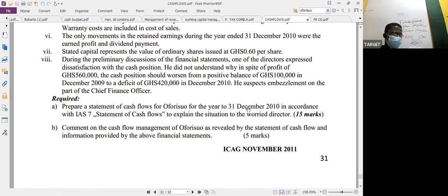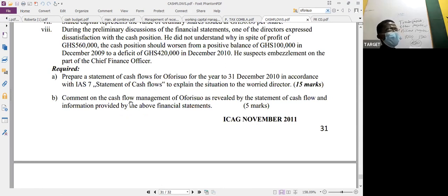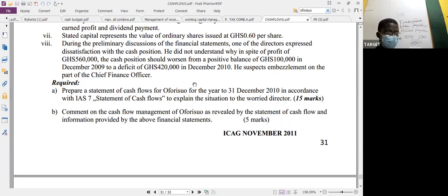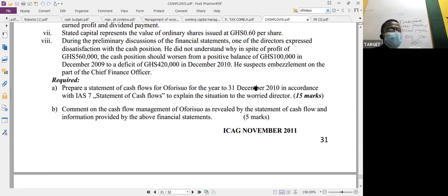Check the B part. It's to comment on the cash flow management of the issuer as reviewed by the statement of cash flows and information provided in the financial statements. So just comment. Here, just use the cash flow to provide the analysis. Since the A part balanced after the calculation, that means nobody has stolen money.